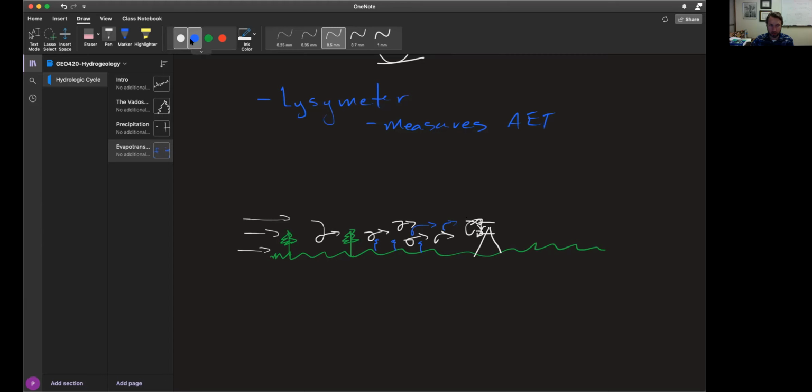And it's basically just measuring water vapor concentration and air velocity, and then backs out AET. All right. And it does it over this whole swath of area that's upstream of the flux tower. So this is called an eddy covariance flux tower.